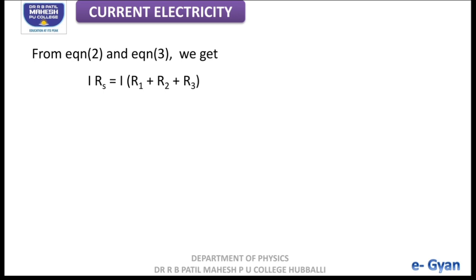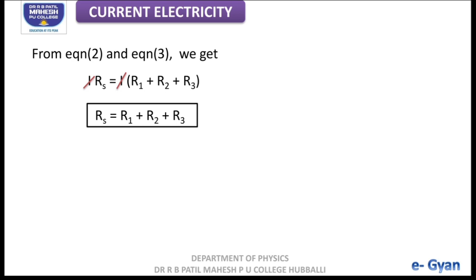I and I will cancel on both sides, and finally we get Rs = R1 + R2 + R3. This is the relation for equivalent resistance of 3 resistors connected in series combination.